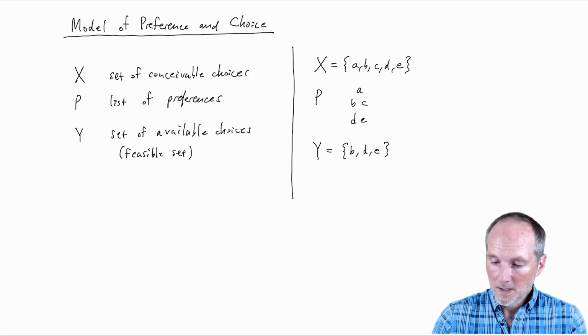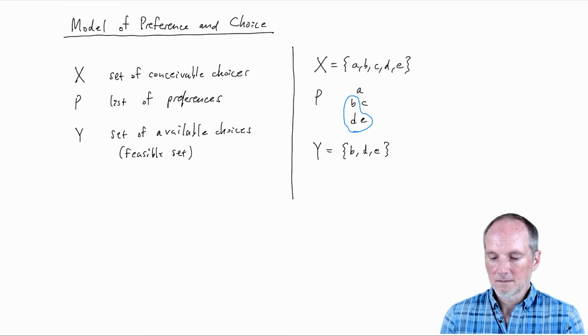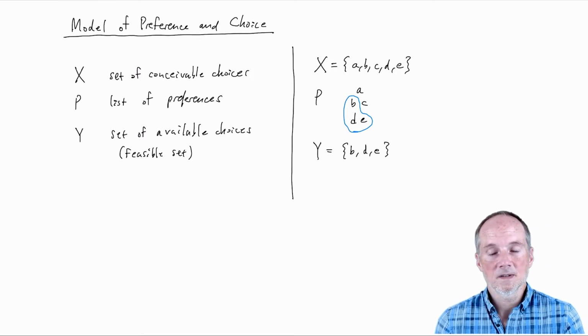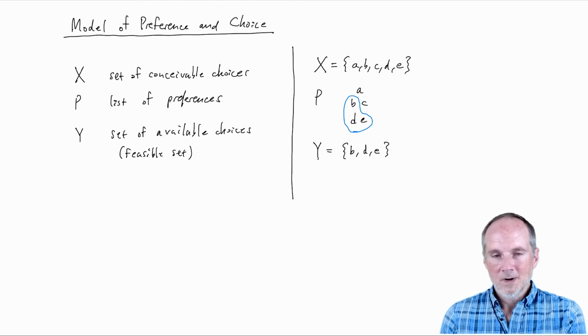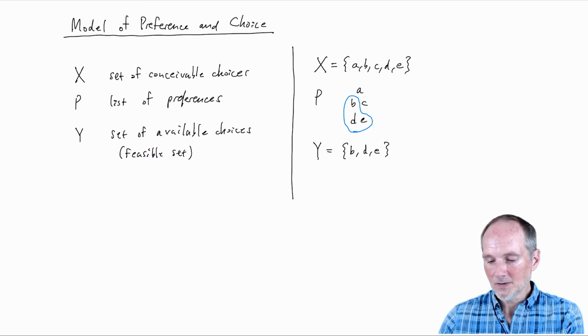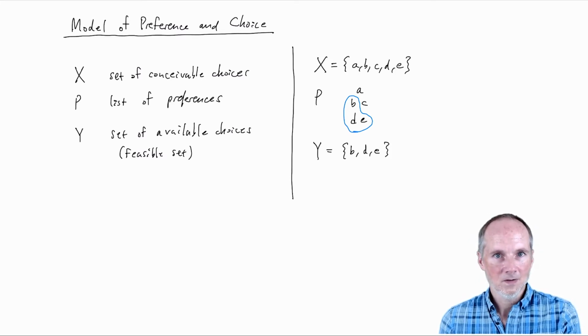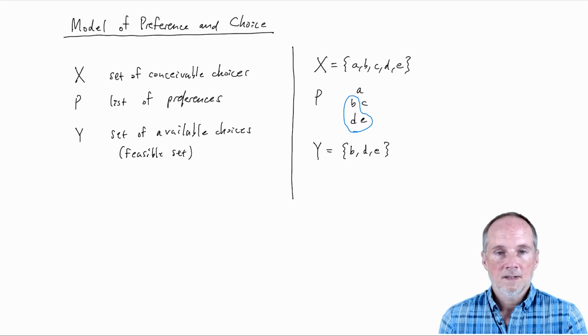In blue, that's the set of possible choices. If you want to think about A, B, C, D, and E as possible candy bars, this guy goes to the vending machine and finds out, oh, 2 of the candy bars are out, so there's only 3 left. Or if these are candidates in an election, maybe 2 of the candidates dropped out.